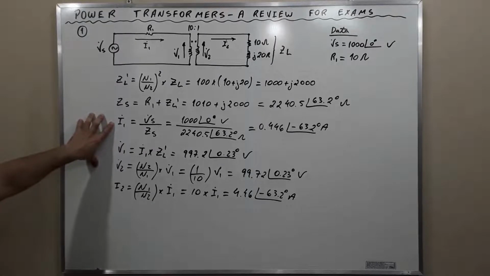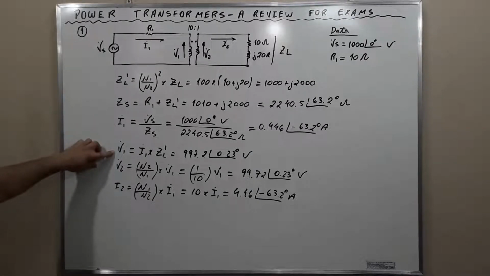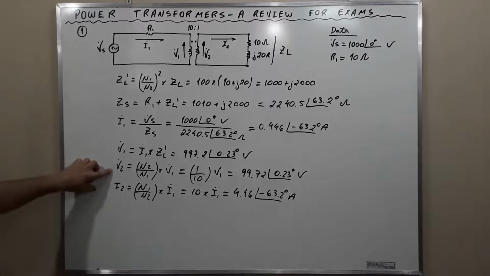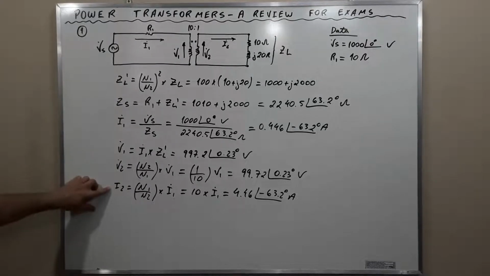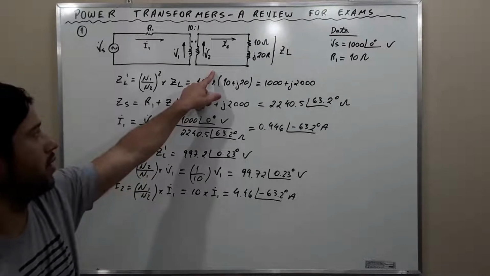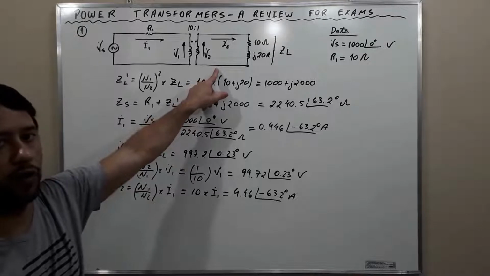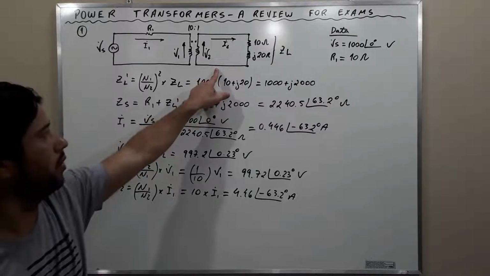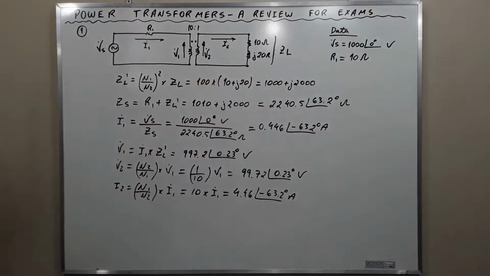We have calculated I1, V1, V2 is a tenth of V1, and I2 is 10 times I1. Okay? This is a step-down transformer, which means that the secondary voltage has to be less than the primary voltage.